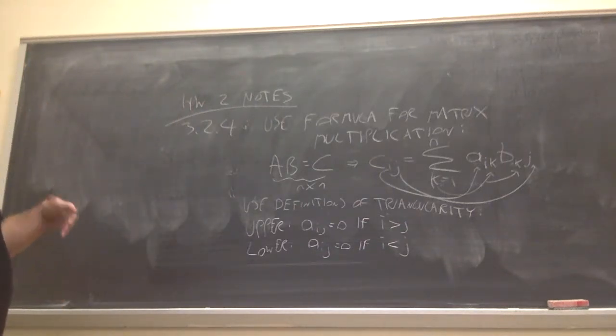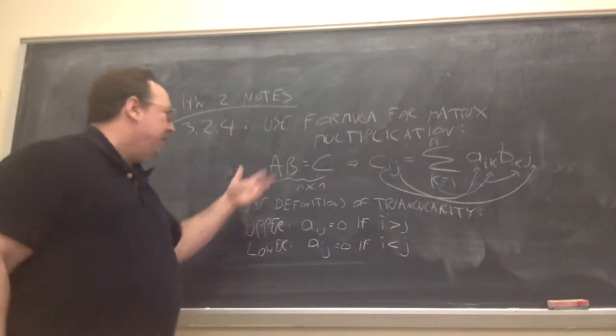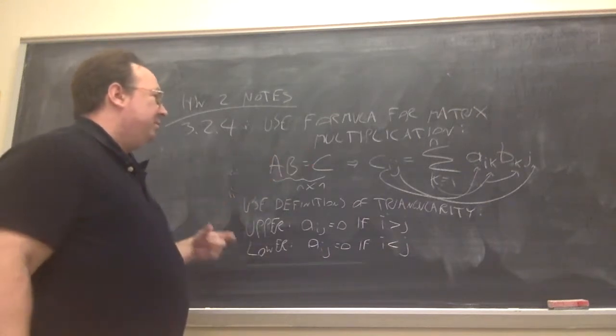So to give you a template, let's suppose that A and B are upper triangular. You want to prove that C is upper triangular.